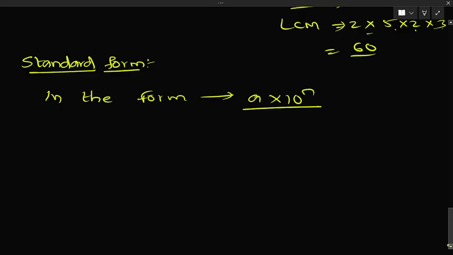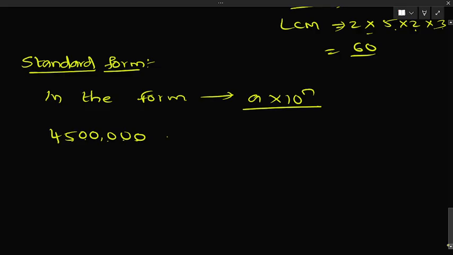So for example, I am considering 4500000. If I want to write this number, how many digits are there? Total 1, 2, 3, 4, 5, 6, 7 digits.